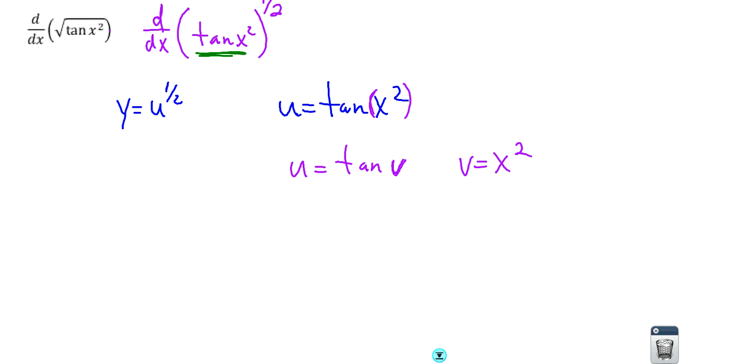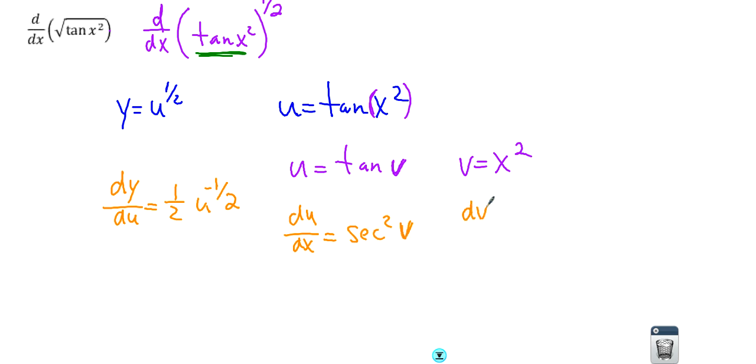We still take the derivative of each one. So dy over du equals 1/2 u to the negative 1/2 power. Then du over dv equals, the derivative of tangent is secant squared v. And then dv over dx equals 2x.